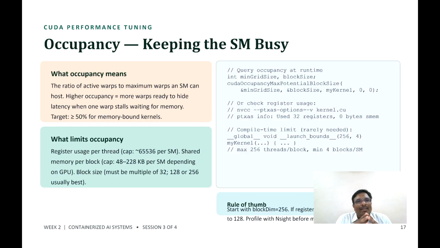And this means that we need to keep the maximum number of warps active on an SM. Whatever is the maximum number of warps an SM can be used for, we need to actually be using all of those. So higher occupancy means more warps ready to hide the latency when one warp stalls waiting for memory.